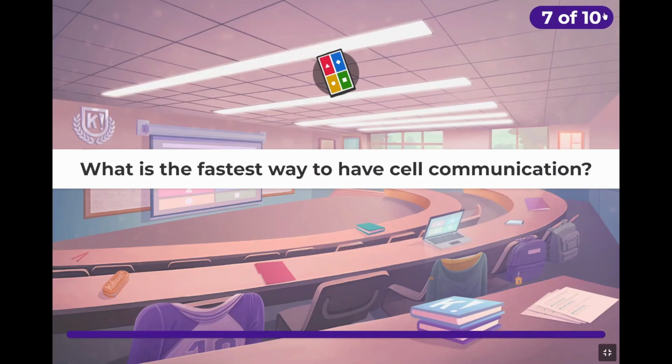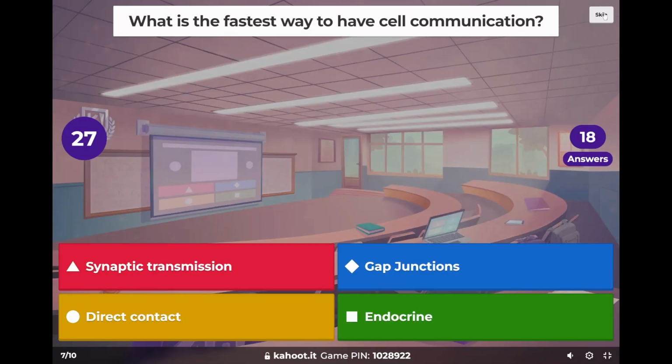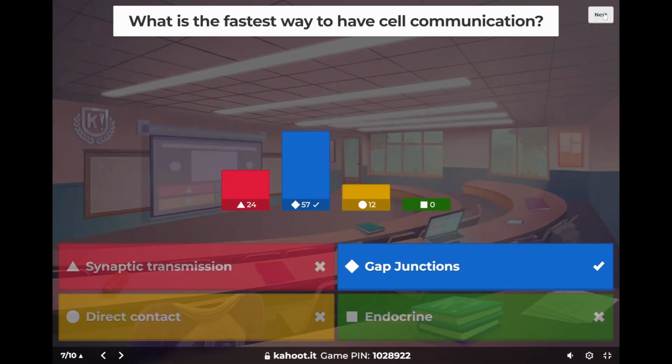And what's the fastest type of cell communication? Okay, let's go over this one.